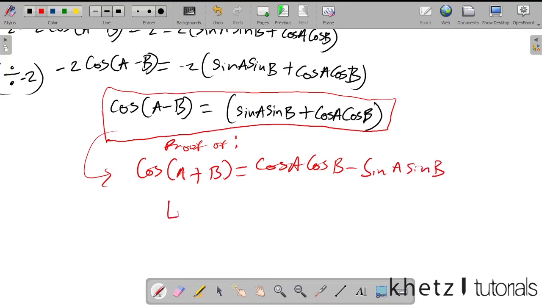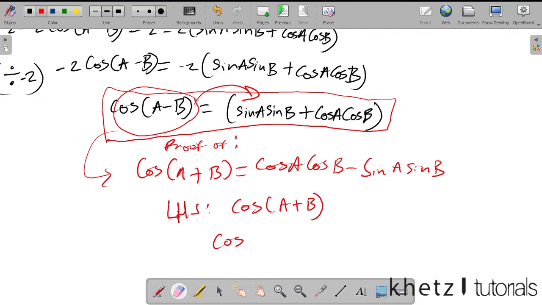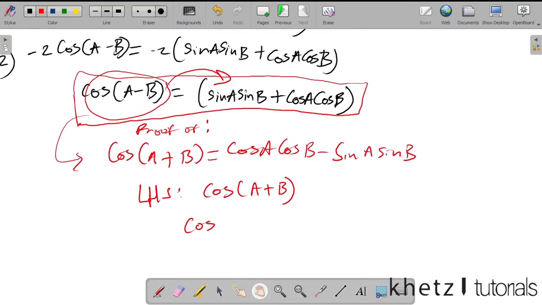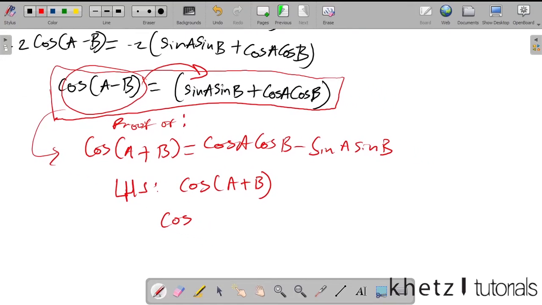On the left hand side we have cosine of A plus B, and previously we proved that cosine of A subtract B is equal to that. Now we can manipulate this formula to look like this formula over there. To do that, we're going to say A subtract negative B, and it kind of looks the same.